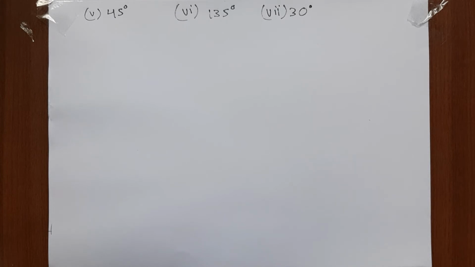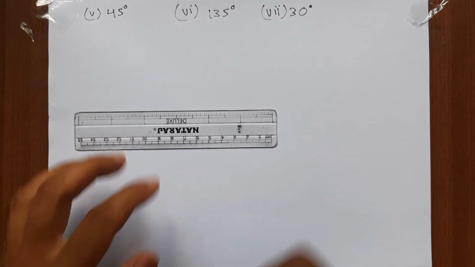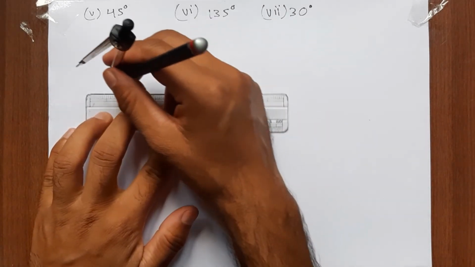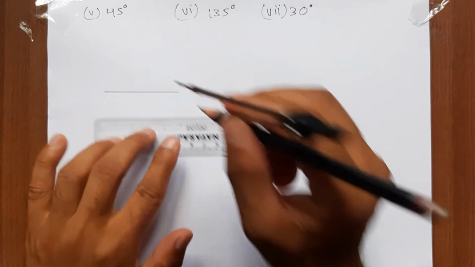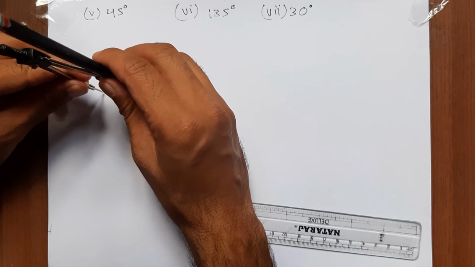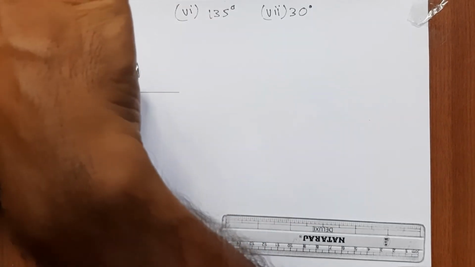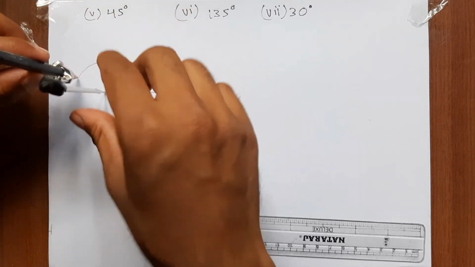45 degrees. To draw 45 degrees, first of all we'll draw a 90-degree angle. So how to draw a 90-degree angle? The process is simple. First we will make an arc like this.